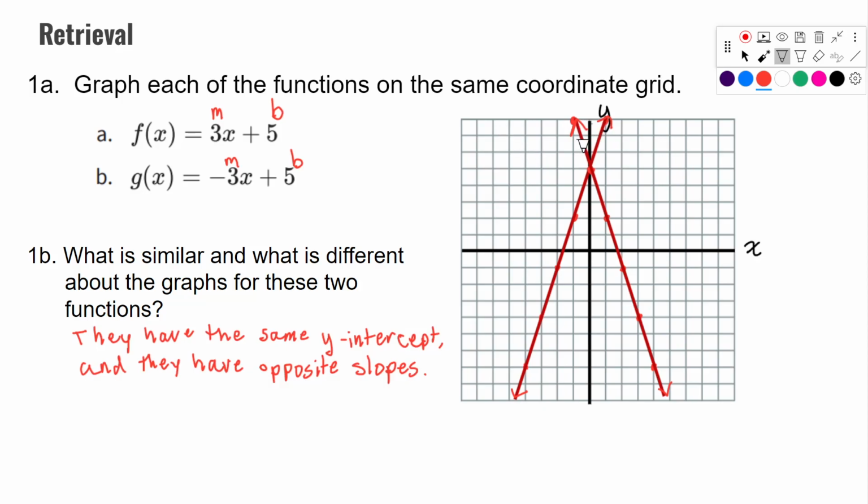Notice we do not form any right angles, so just because they have opposite slopes does not mean they'll be perpendicular. Perpendicular lines would have slopes that are opposite in sign, but they are reciprocals. They're flipped.